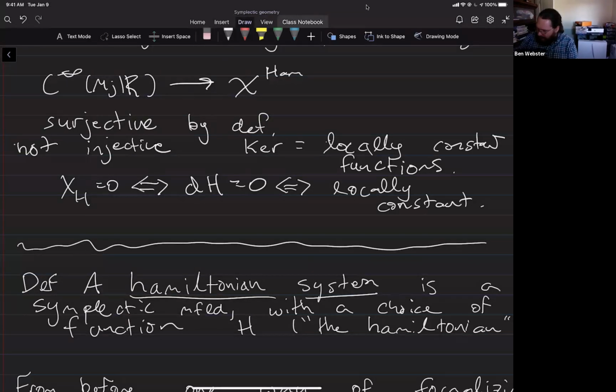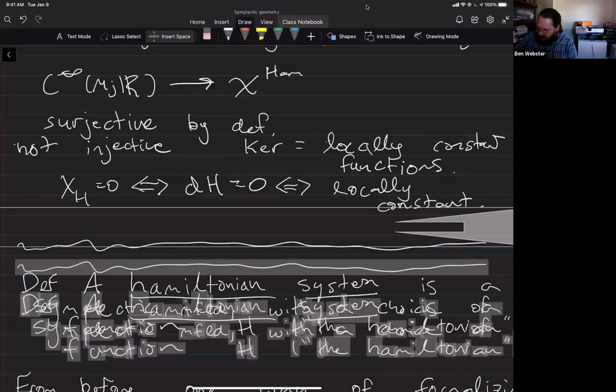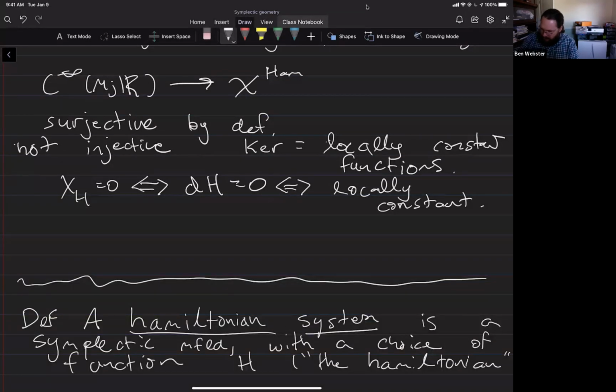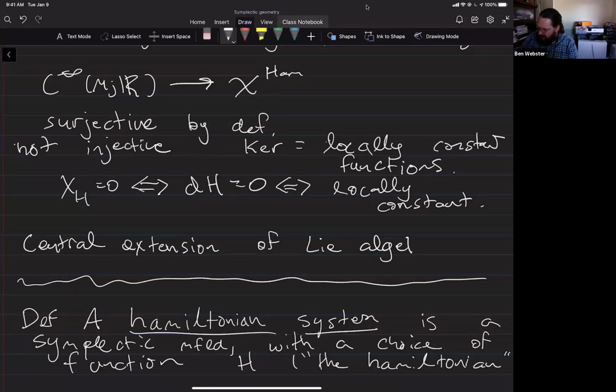There's a fancy word here I could use, which is central extension of Lie algebras. A locally constant function has trivial Poisson bracket with anything else because its Hamiltonian vector field is 0.